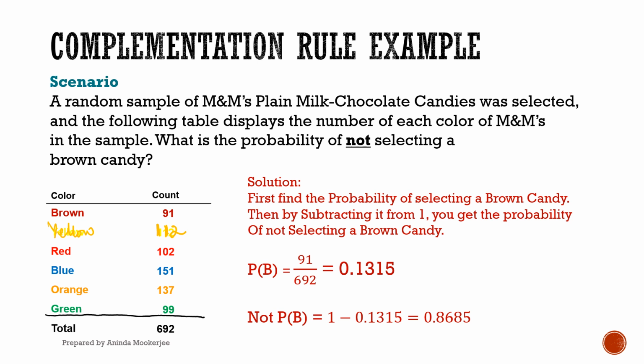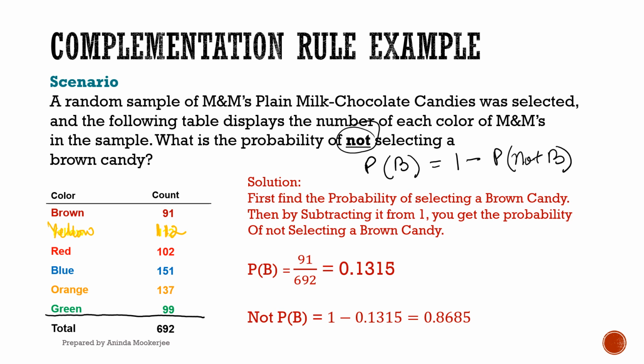So the probability of not selecting a brown candy would be, remember, the probability of selecting a brown candy would be 1 minus probability of not B's. Correct? Probability of B is 1 minus probability of not B's. So we can use this equation. This time the question is, what is the probability of not selecting a brown candy?